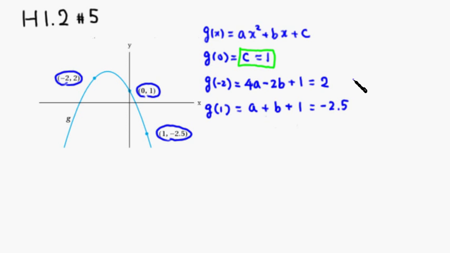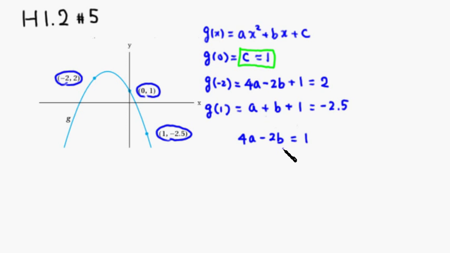So what we can do is take this equation right here and subtract 1 so that the 1 is gone. So you have 4a minus 2b is equal to 1.